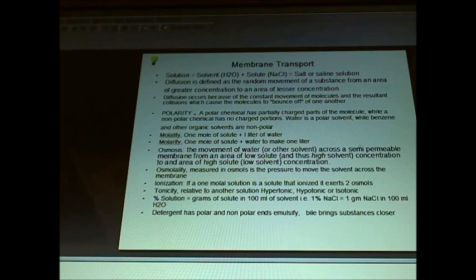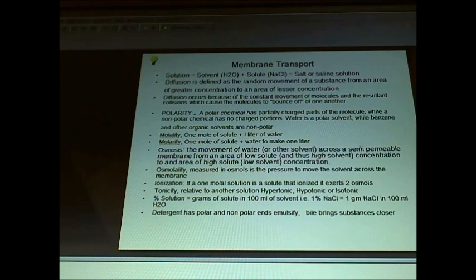Okay, osmolality. Osmolality is measured in osmoles, and it is the pressure to pull water or solvent across that membrane via the change in concentration of a solute.